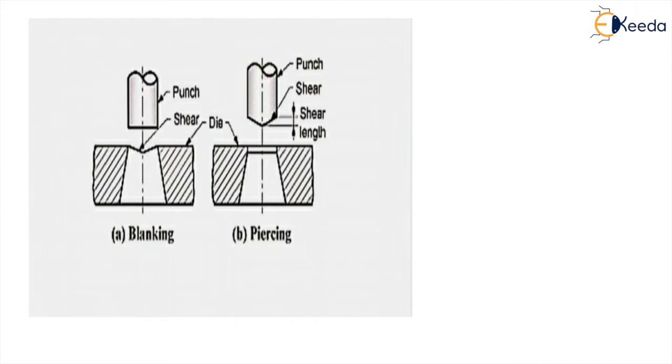So you can see here in blanking operation, the shear is provided on the die, whereas in punching or piercing operation, the shear is provided on the punch. Please remember this. Now, if you look at the clearance in blanking operation, the clearance is provided on the punch and the die is made to the exact size of the blank. In punching operation, the clearance is provided on the die, whereas the punch is made to the exact size of the hole.